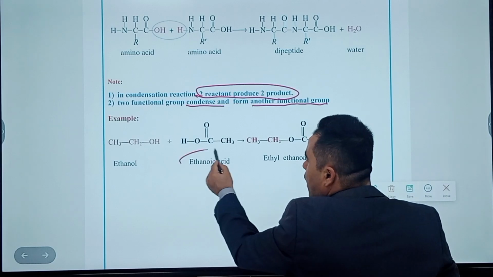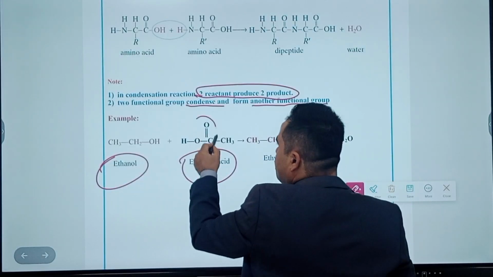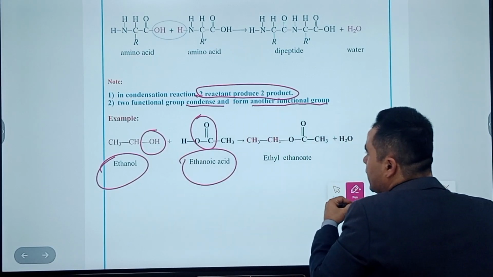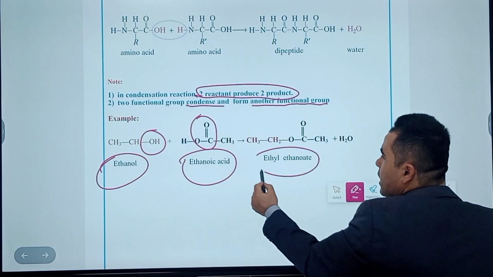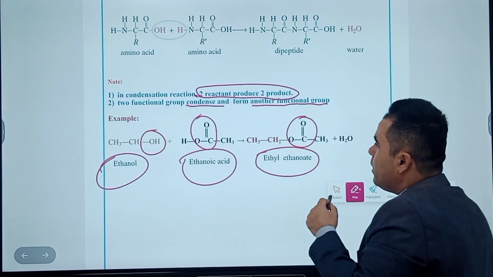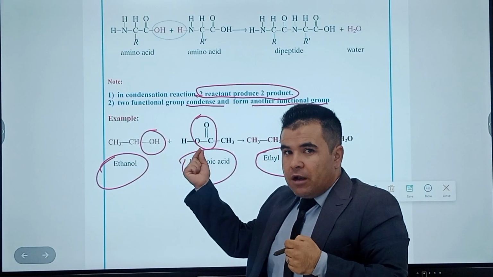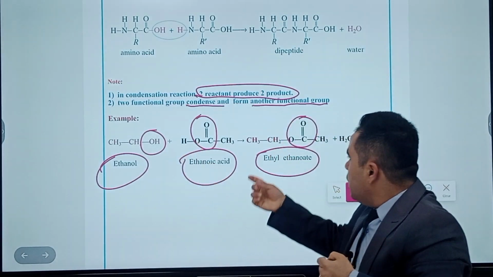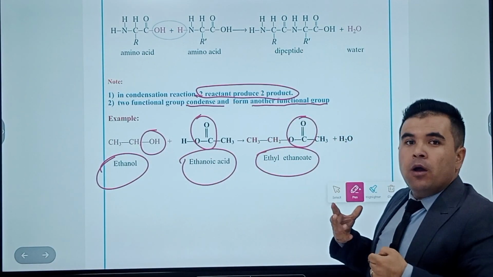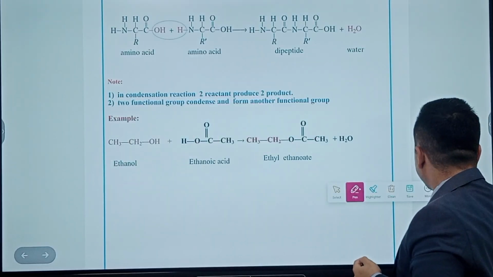Here we have ethanoic acid with ethanol, which have two different functional groups. They combine to produce ethyl ethanoate, only one functional group. Or we can say simply, two small molecules are condensing, combining to produce a longer molecule with H2O usually.